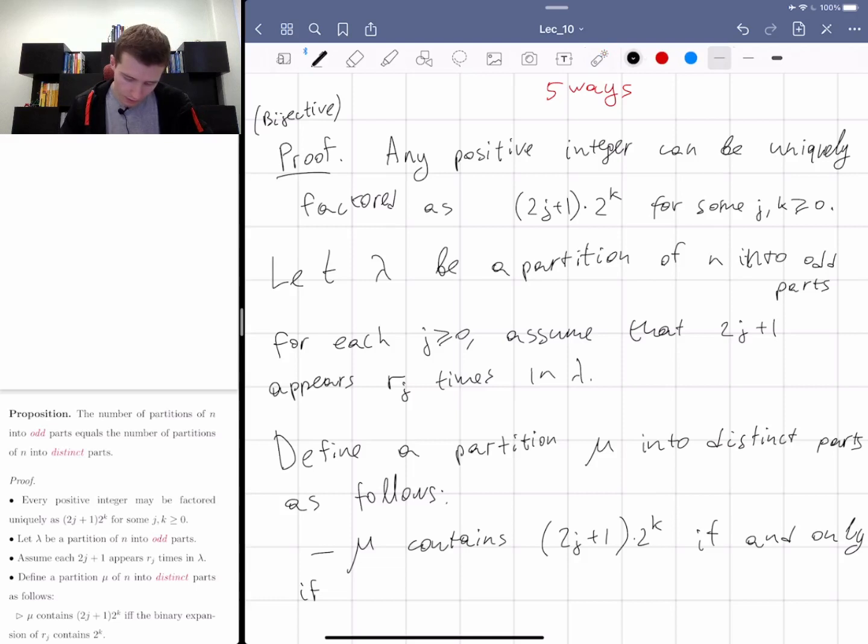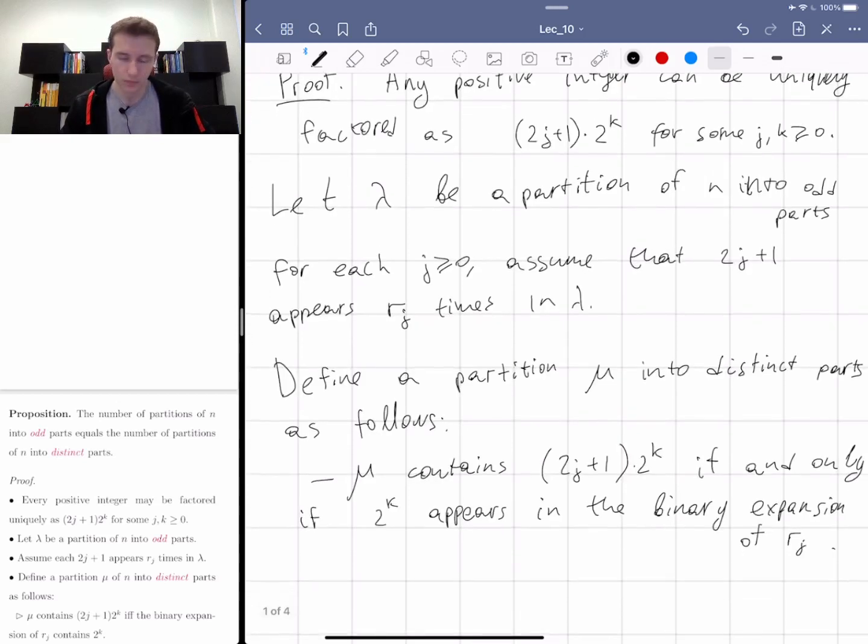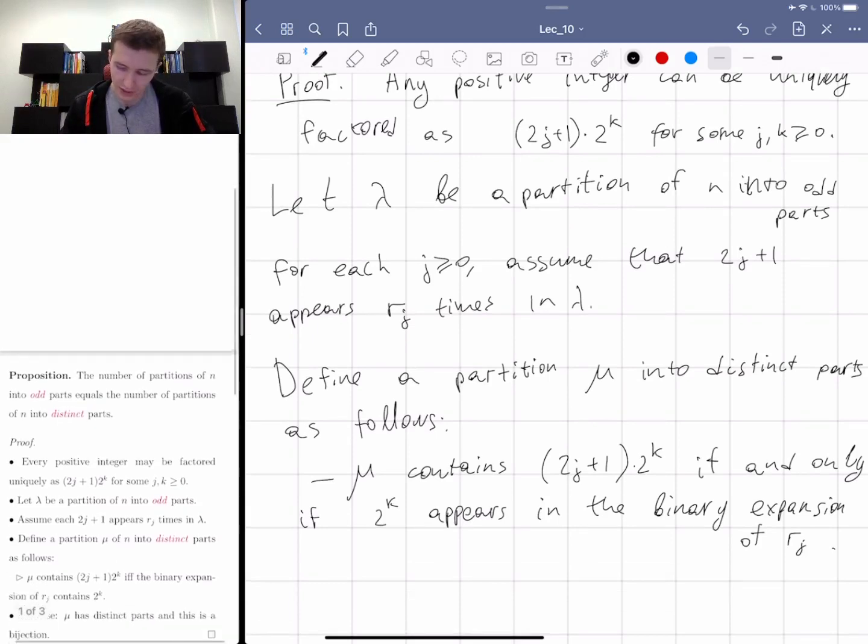If and only if 2 to the k appears in the binary expansion of r sub j. So that's it. That's basically the end of the proof.